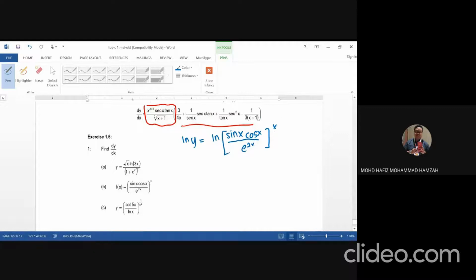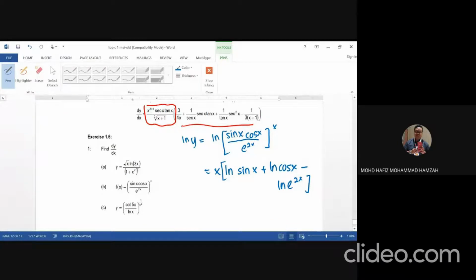Okay, so bila ada kuasa, can bring x to the front. X, lepas tu ln. So ni semua adalah A, ni adalah B. So ln A adalah ln sin x plus ln cos x, and then minus with ln e to the power of 2x. But you have to put multiply here because everything is multiplied by x.